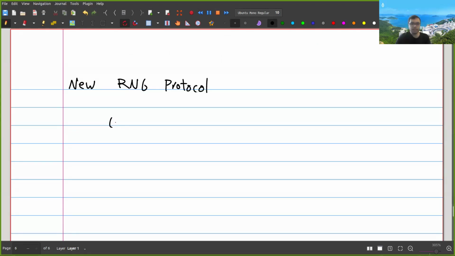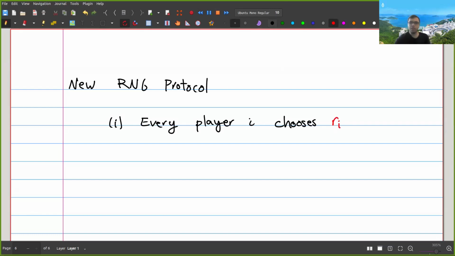I say that in step 1, every player, so let's say player I, chooses their own random number Ri. Okay, and I'm writing it in red because it's not known right now. And this Ri will be between 0, 1 to m minus 1.